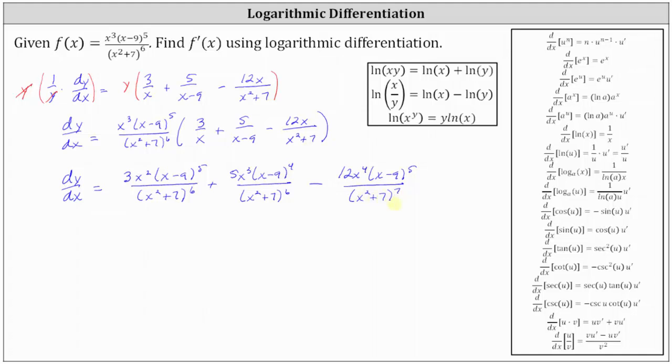And now looking at the fractions, notice how the first two fractions do have the same denominator. So let's go ahead and combine those two fractions.